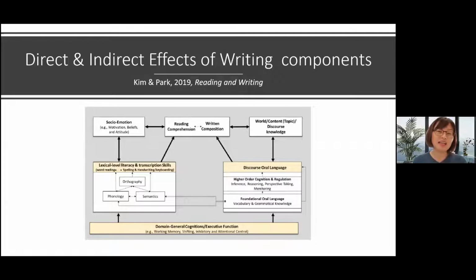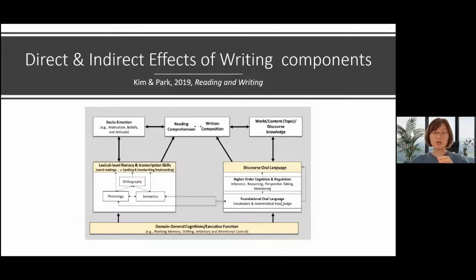If I'm not comprehending a story, like in listening comprehension, what do I do? Am I going to ask a question of the person who was telling me a story, etc.? So that's the higher order cognition and regulation. I'm regulating myself, monitoring my own comprehension, monitoring my own production, and taking up some repair strategies.